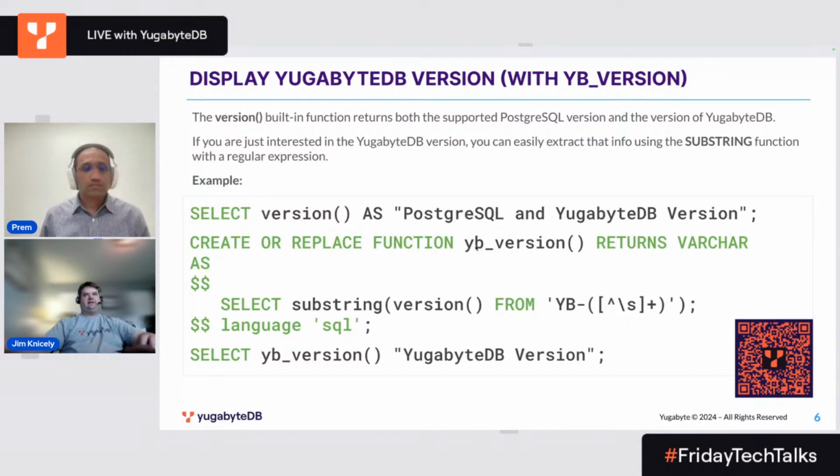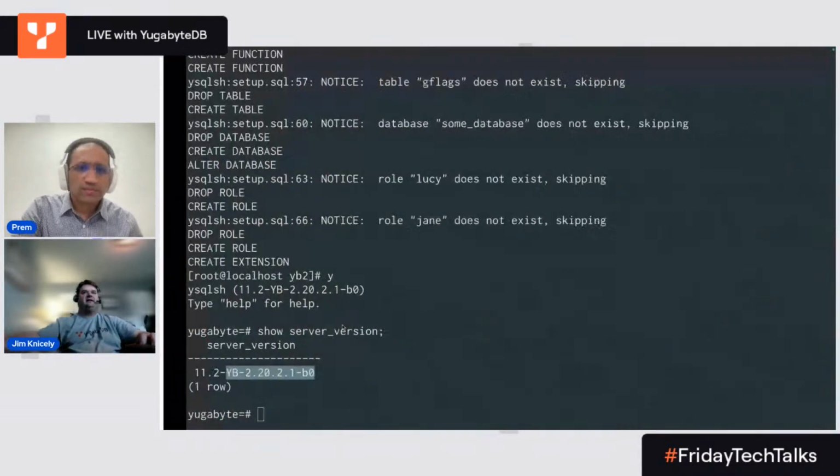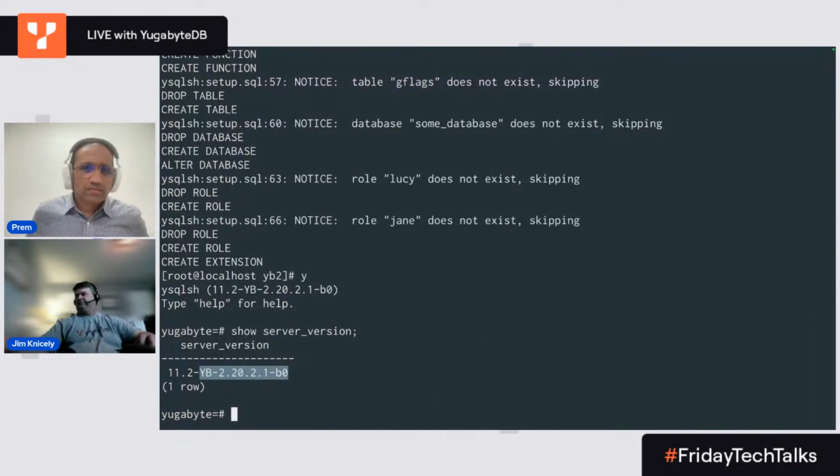In Yugabyte, since we're Postgres based, we can create stored procedures. So I just created a stored procedure called yb_version that runs a select statement, which does a regular expression on a built-in function called server_version to return just the Yugabyte version. The best way to show that is through an example.